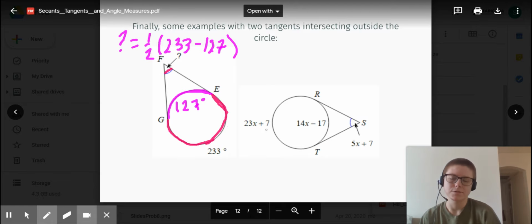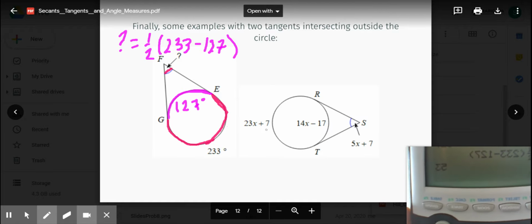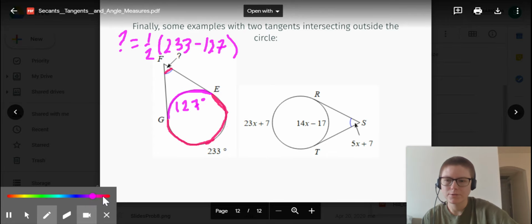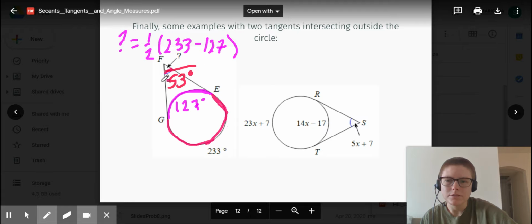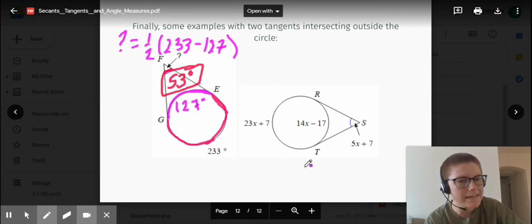But if you wanted to do step by step, 233 minus 127 first, and then just divide it by 2. Our answer, we only want that bottom one, is 53. So our unknown is 53 degrees. Circle that because it's our answer. All right. I'm a big fan of that purple color, so we're going to use that again.